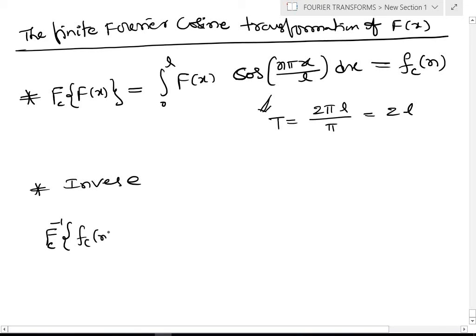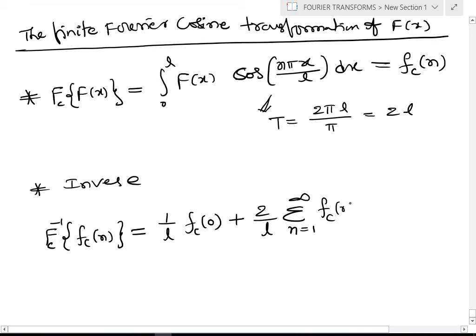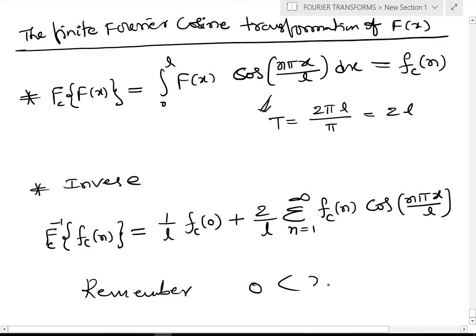So this cosine transformation will be equal to 1 by L f of 0 plus 2 by L sigma n equal to 1 to infinity f of Cn cos of n pi x by L. So remember, we are taking x from 0 less than x less than L.